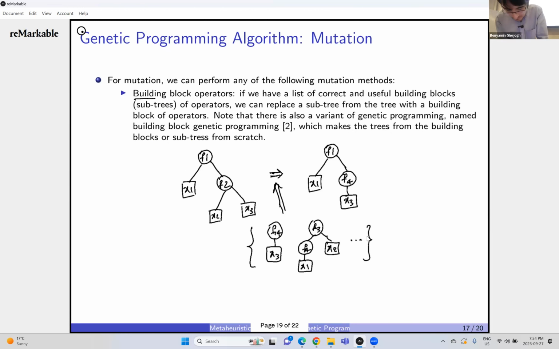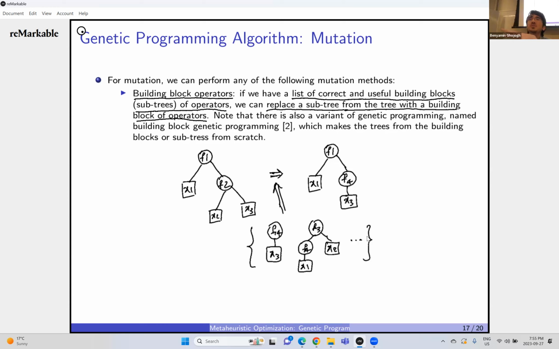Building block operators is another way to do mutation. How? If we have a list of correct and useful building blocks or subtrees of operators, we can replace a subtree from the tree with a building block of operators, right? In the previous one, I knew that some sub-expressions are bad.